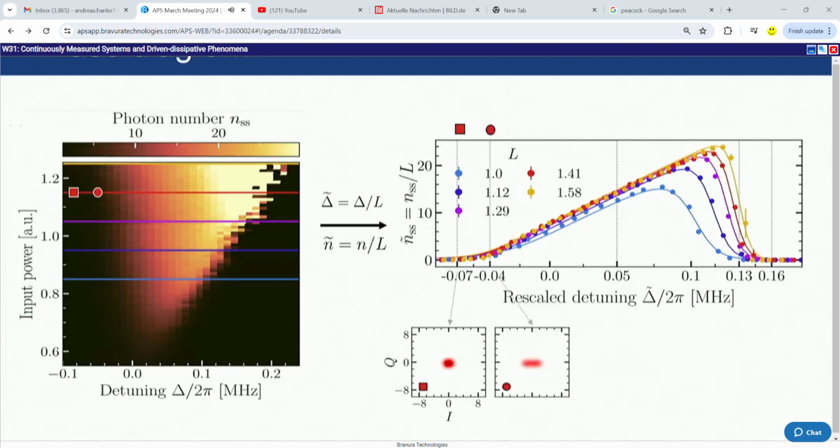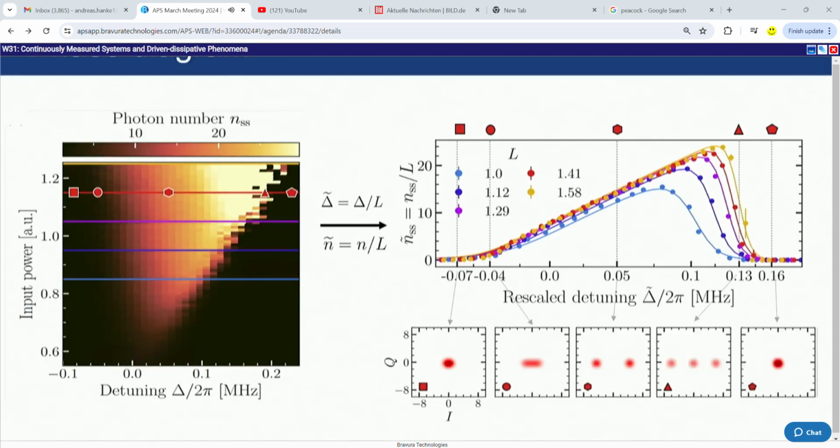As we increase the detuning, this vacuum starts to elongate, and then it separates into two, a plus alpha and a minus alpha state, which we call the bright phase. If we increase a little bit more, we have both the bright phase and the vacuum before going back again to the vacuum.